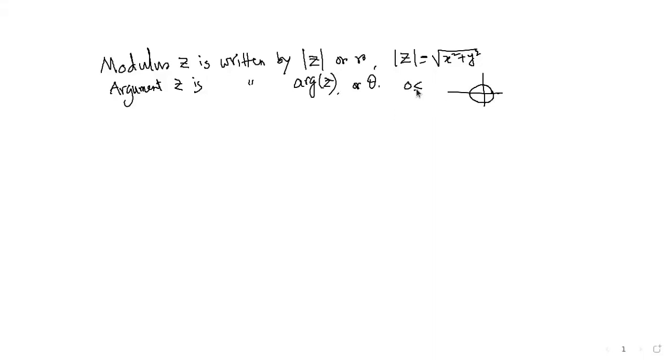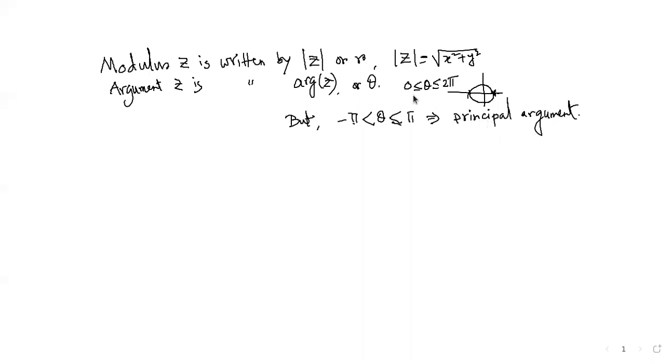But if theta lies between minus pi to pi, then this theta is called the principal argument.